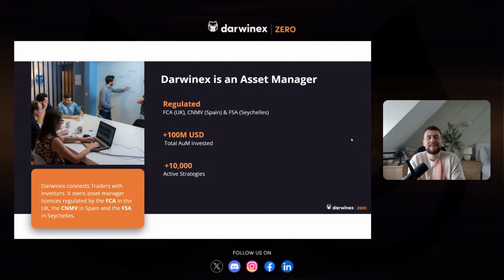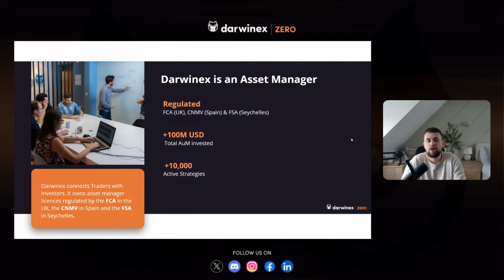If any of you haven't heard of Darwinex in the past, Darwinex is our parent company, sister company, whatever you want to call it, which is a regulated asset manager, broker, and hedge fund. We hold three separate regulations in three different jurisdictions: we're regulated by the FCA in the UK, by the CNMV in Spain, and also by the FSA in the Seychelles.